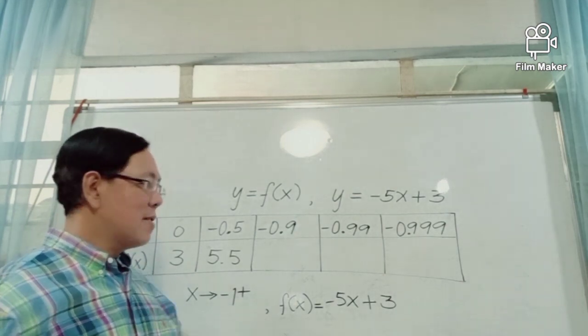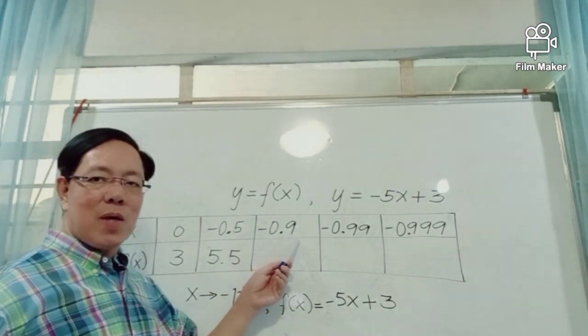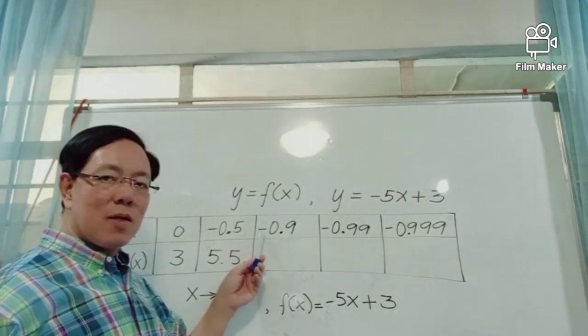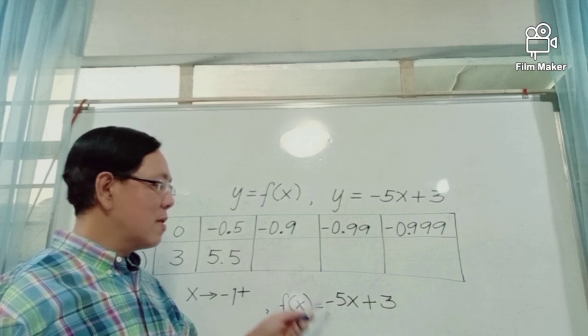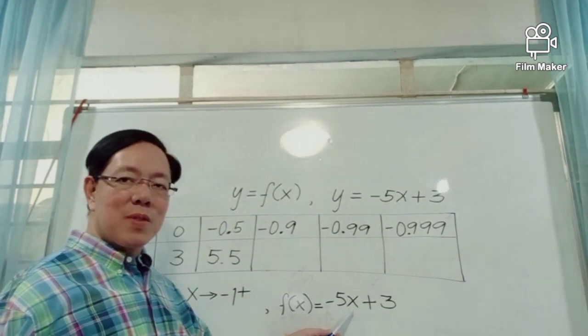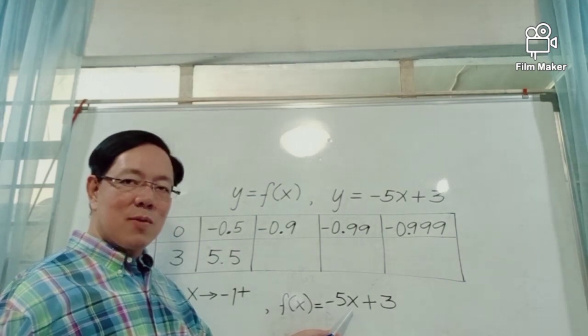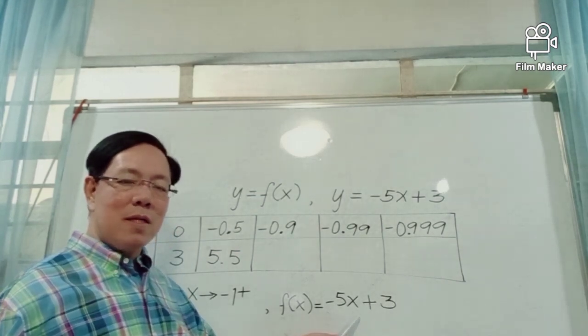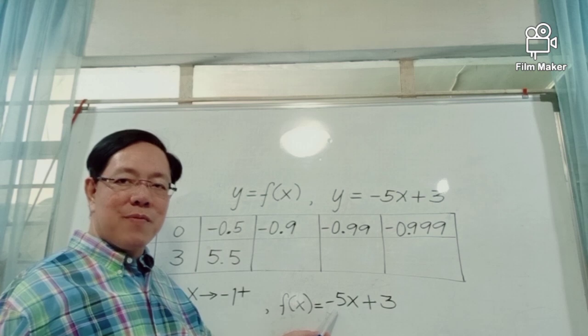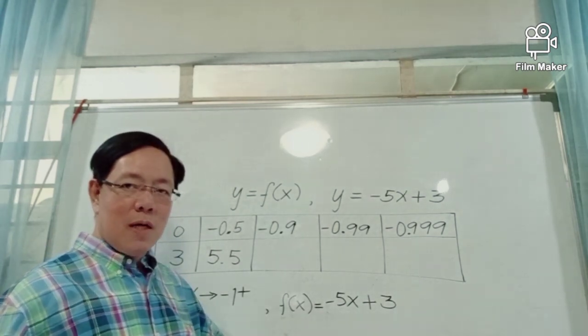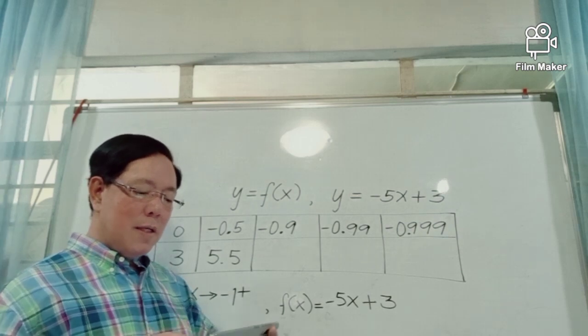Next, we assign negative 0.9 to x, and to get the value of the function when x equals negative 0.9, we substitute negative 0.9 for x, or we replace x with negative 0.9, multiplied by negative 5 and add 3. Let's do that.